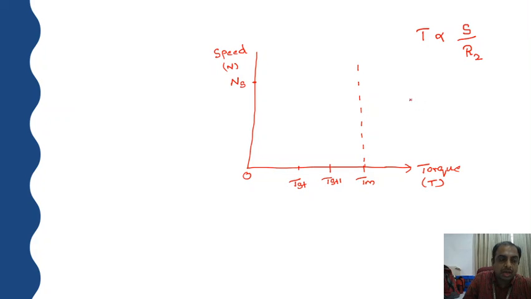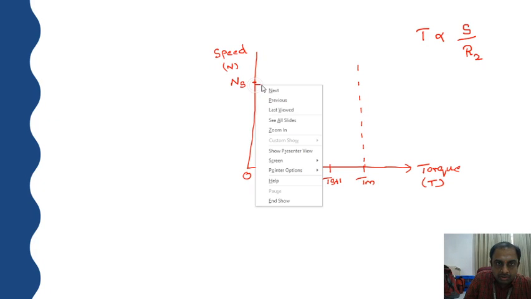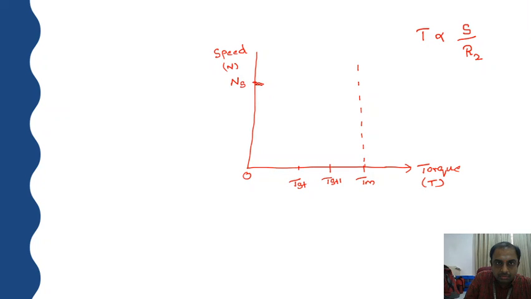With the normal rotor resistance available in the machine, you get a speed value like this. This is the normal value of R2.